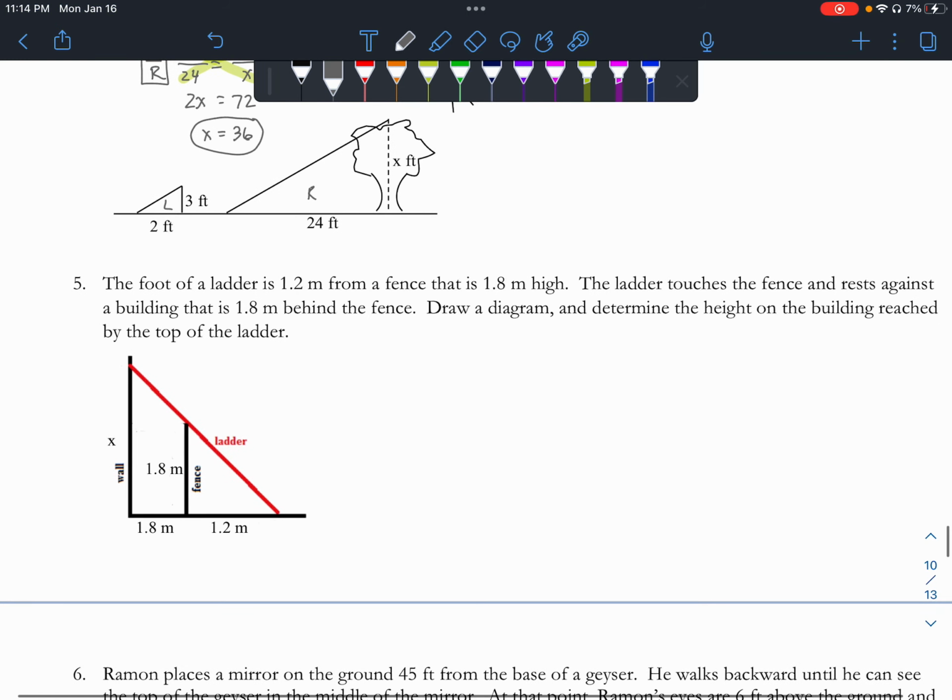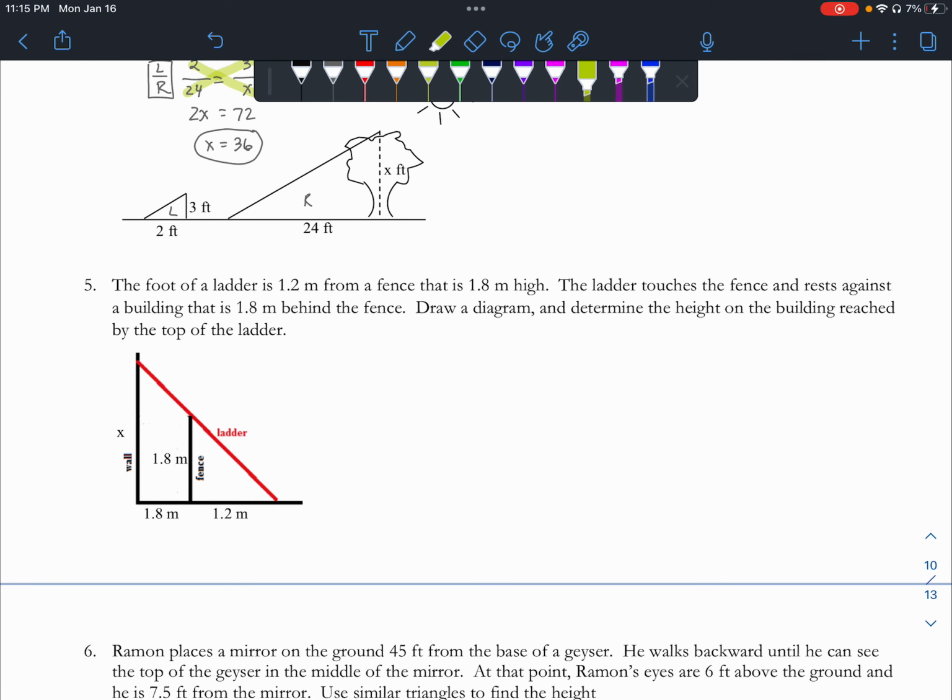But we have a ladder, and the foot of the ladder is 1.2 meters from the fence. The fence is 1.8 meters high. From those statistics, I see the fence is right here, and how far my ladder is from that fence, we see there. It also says the ladder touches and rests against another building that we don't know how tall it is, but we do know that that building is 1.8 meters away from that fence.